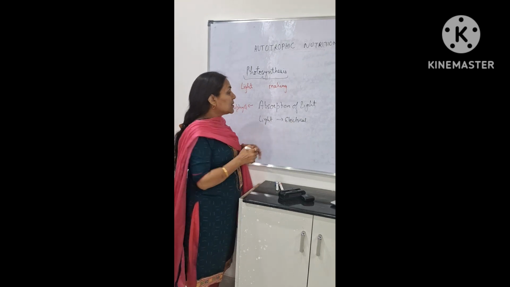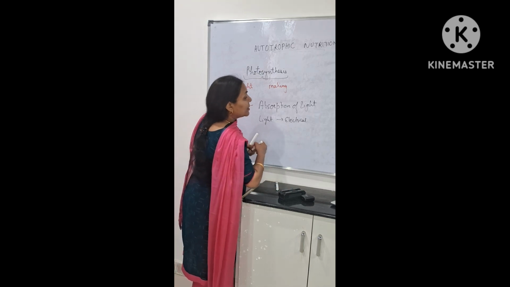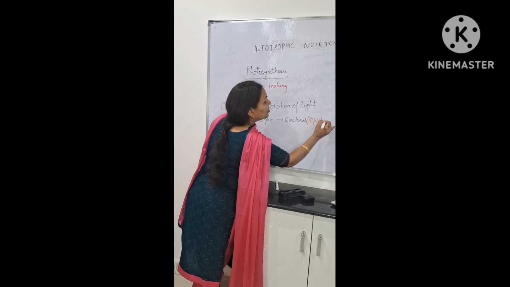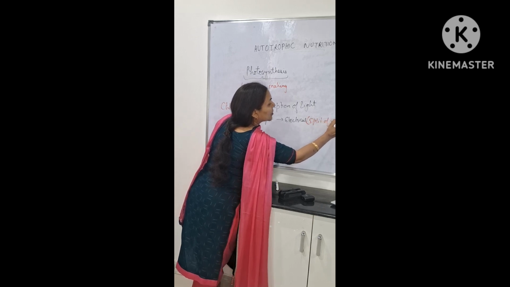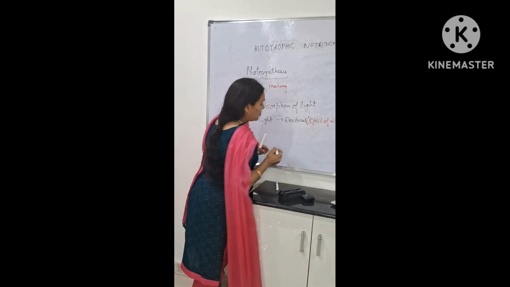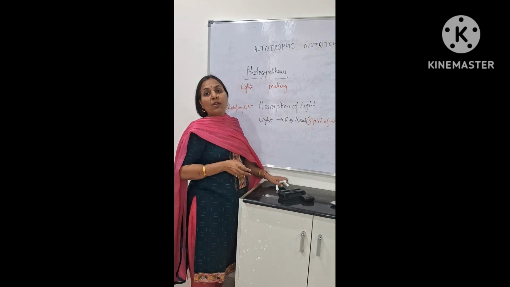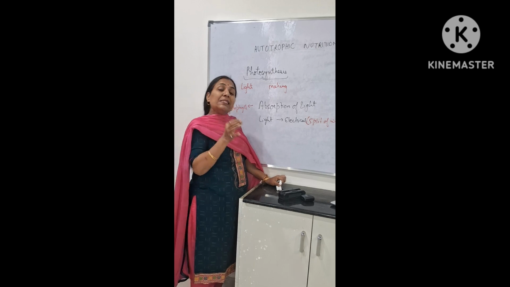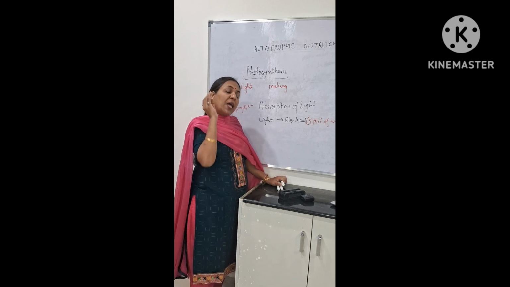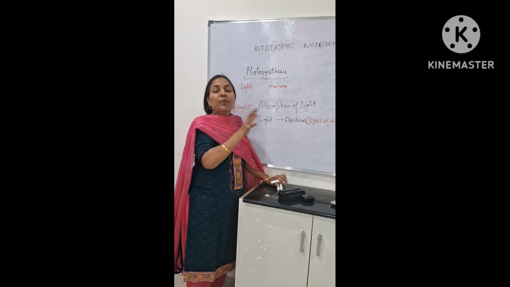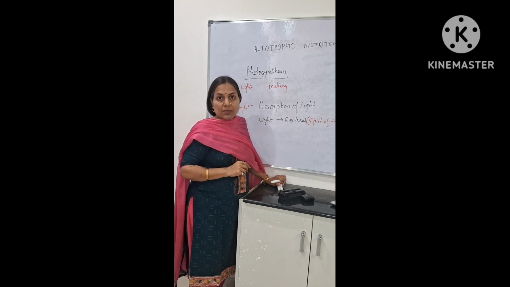Because this electrical energy will then be used to split the molecule of water. This splitting of water leads to formation of hydrogen and oxygen, and it is this oxygen which is released in the end as a byproduct of photosynthesis.